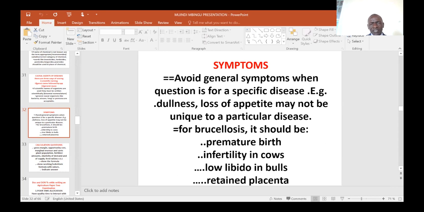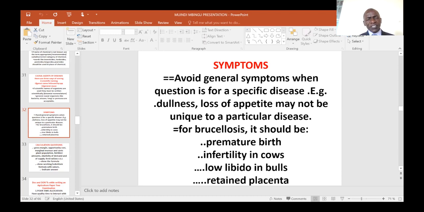Symptoms like dullness, loss of appetite will be seen when an animal is suffering from one disease and another one suffering from another one. We'll still see dullness. Rather, in answering this question, go to specific symptoms, symptoms that are unique, symptoms that once you observe in your animal, you are certain of the disease the animal is suffering from.